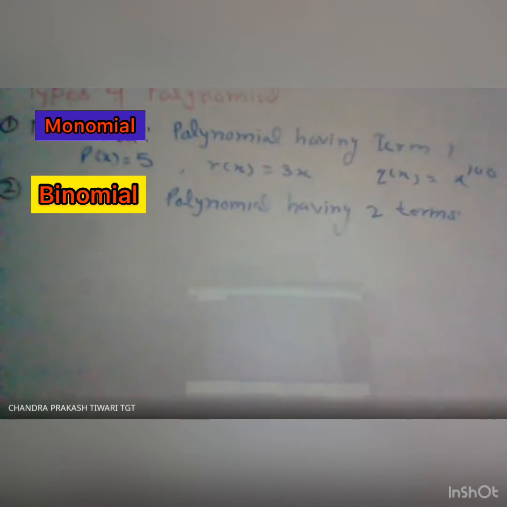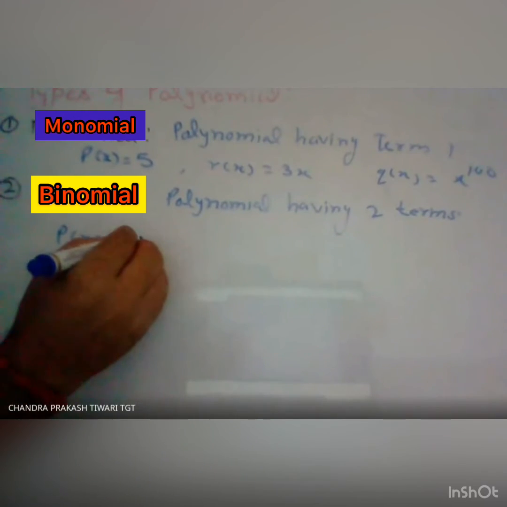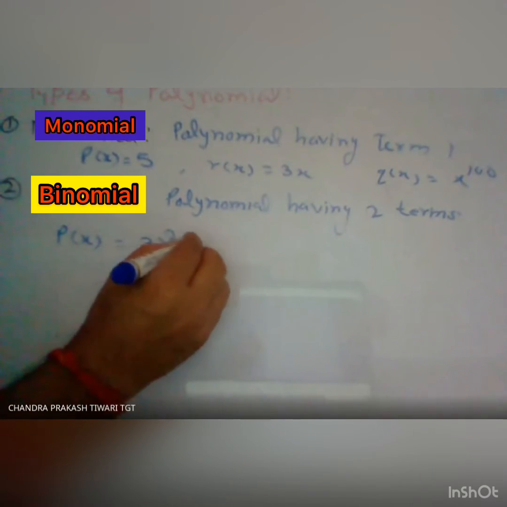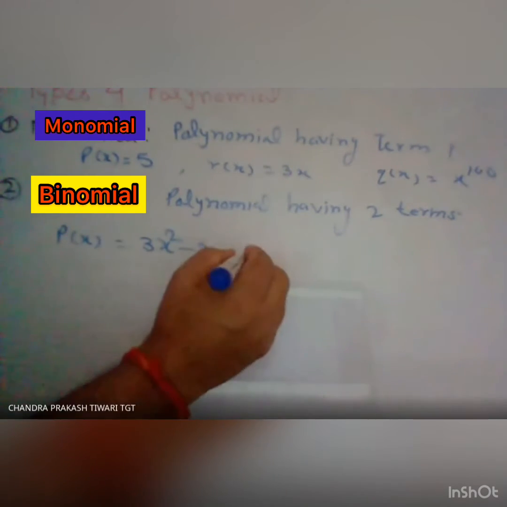That type of polynomial is always known as a binomial. For example, p(x) equal to 3x square minus 2. This is a binomial.